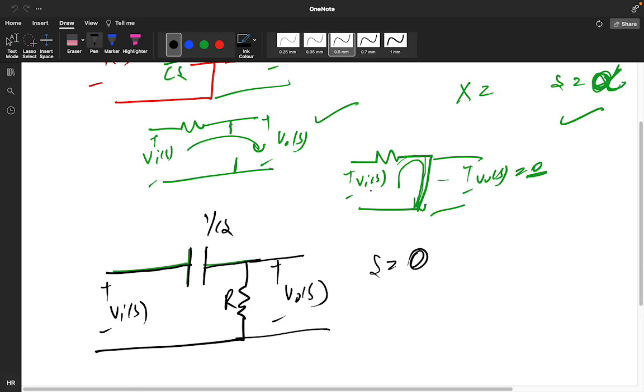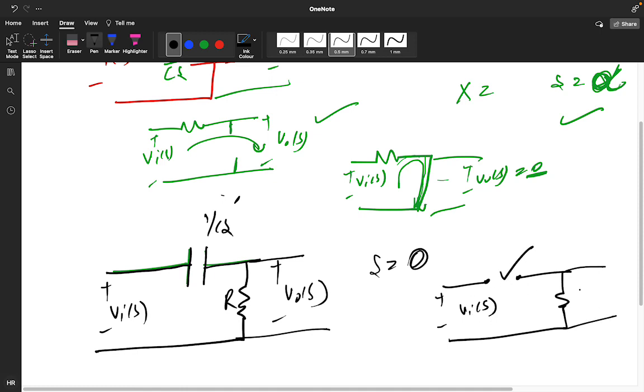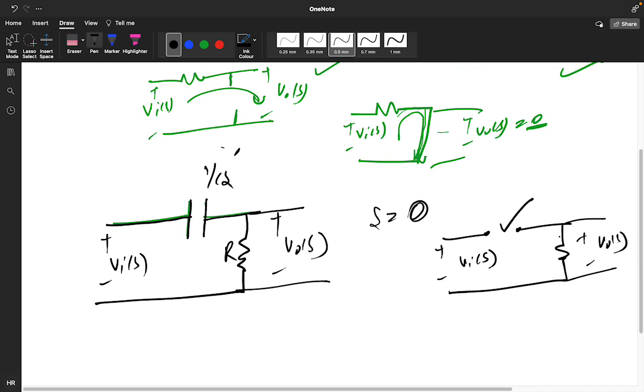At s equals 0, we get a huge value, so the capacitor circuit will get open circuited. No current will be able to flow because it's open circuited. So we get 0 voltage because there is no current: 0 current into this resistance gives a voltage of 0.